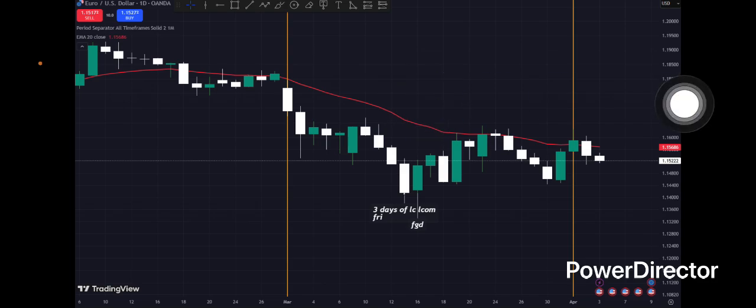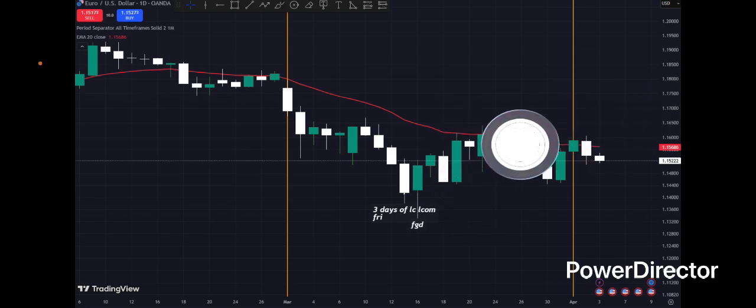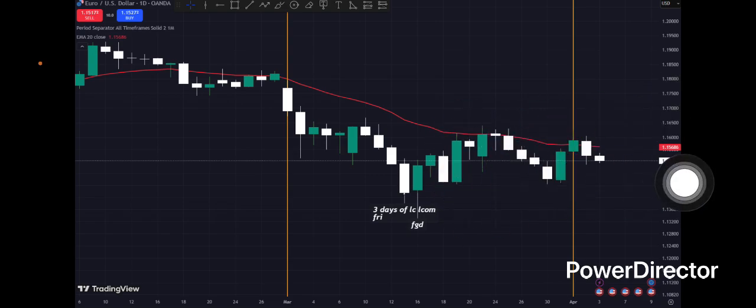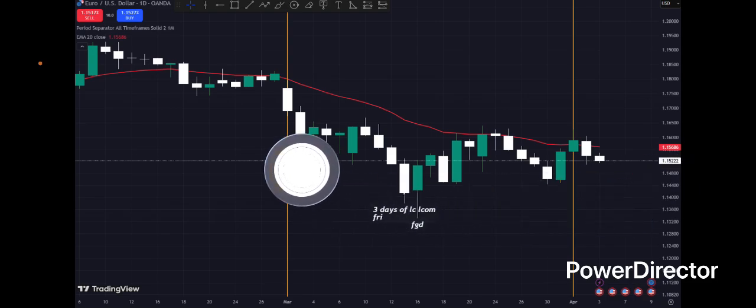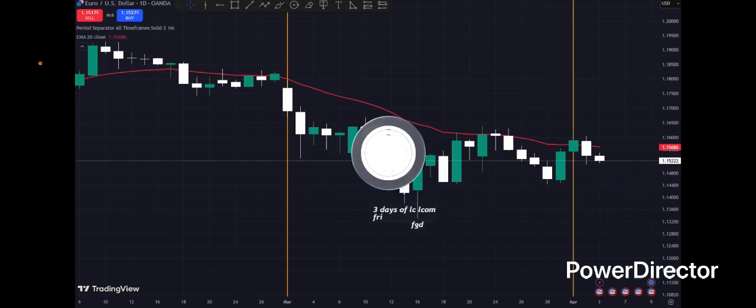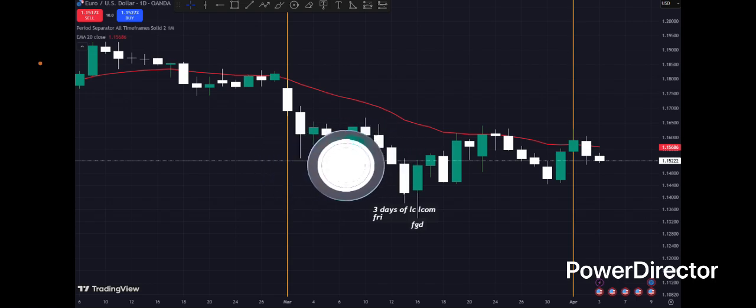Now, if you took one trade this entire month, and it doesn't even have to be these big days either, you can see that right here we're breaking out of the current low of the month.